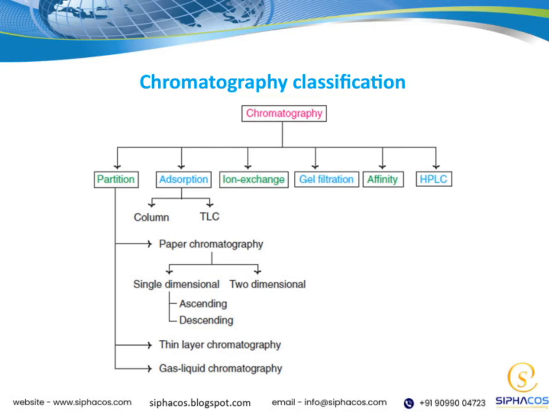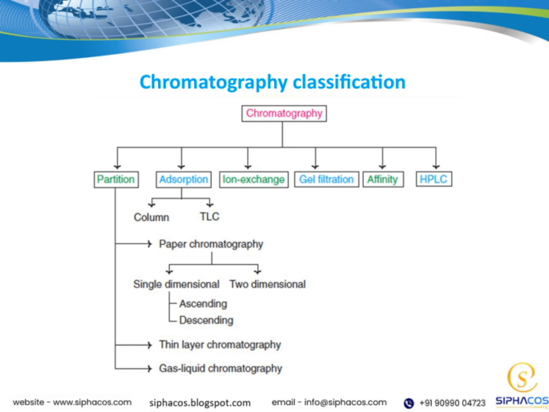As you can see, chromatography is a broad technique, and it can be categorized in various ways based on how the separation occurs. The main classifications include paper chromatography, thin layer chromatography, gas chromatography, and liquid chromatography. Each of these methods has unique features suited for different types of samples and analysis goals.